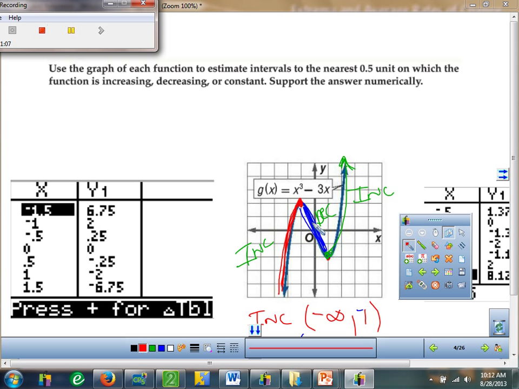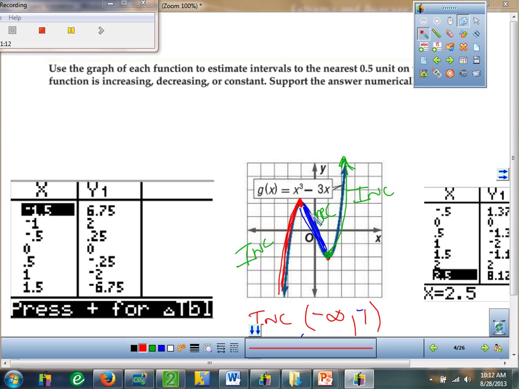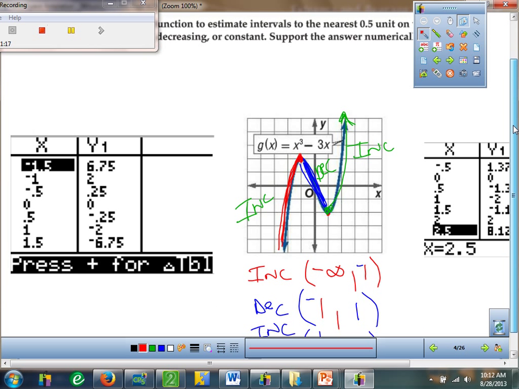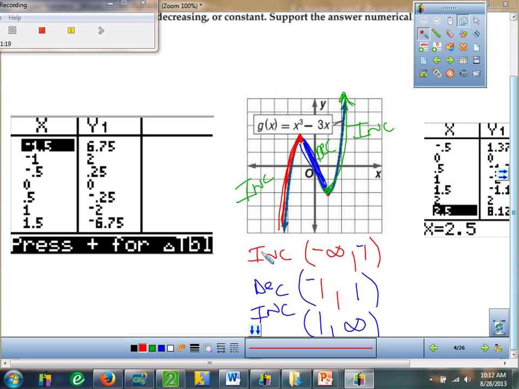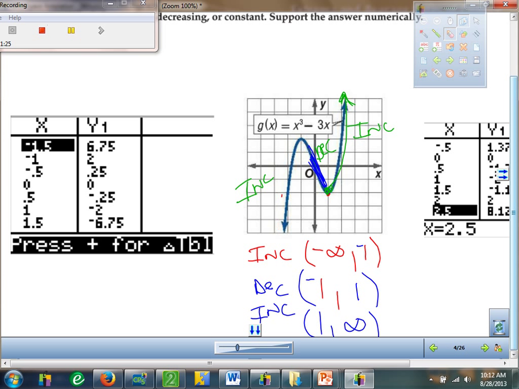Alright, going back to this example, which you already did as far as increasing or decreasing, we have different points that are critical points. This point right here, I'm going to erase the highlighted part and just talk through it.